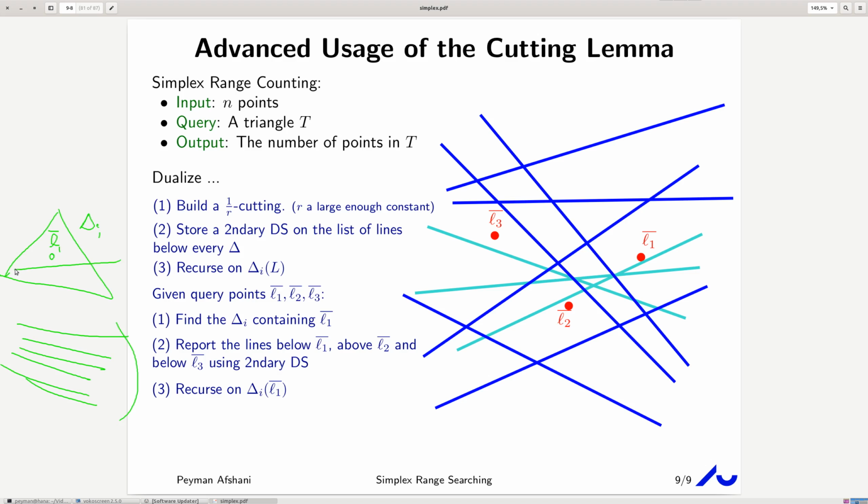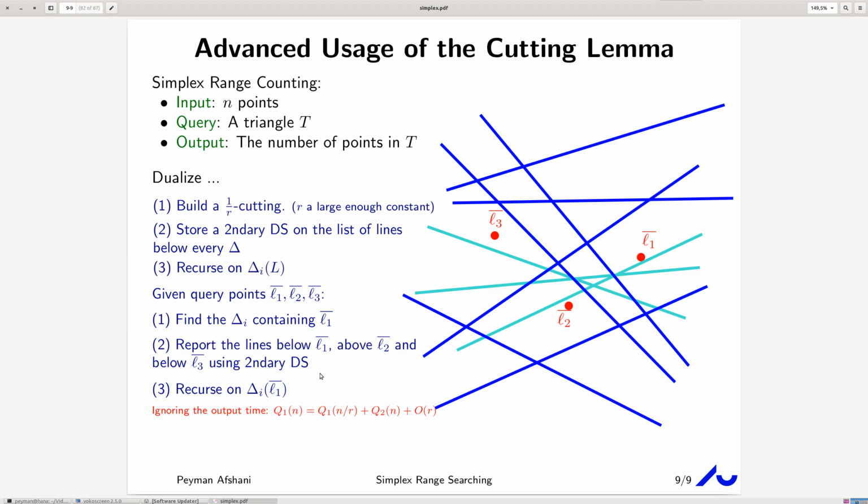But then there are some lines that intersect this triangle, and some of them might be above L1 or below L1, so I just recurse onto them. Remember that this recursion is the real recursion, whereas step 2 here is just using the secondary data structure.